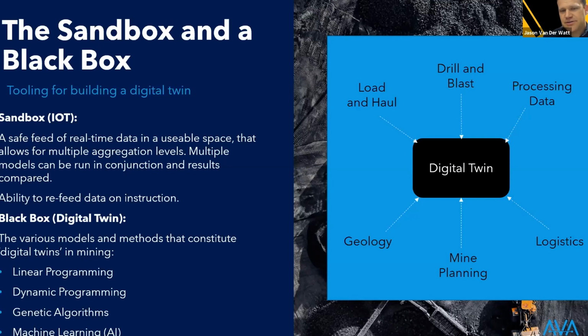And then within that sandbox, or that safe space, where you won't break anything when you run these models, is the black box. And the black box really can hold anything. So linear programming, you'll know that from dispatching type algorithms, to genetic algorithms, machine learning. But what we can do is create those models in a safe black box. You've got inputs and outputs, and we can compare them against each other.